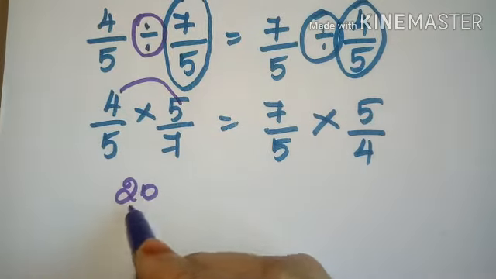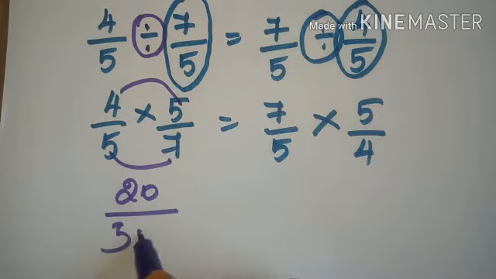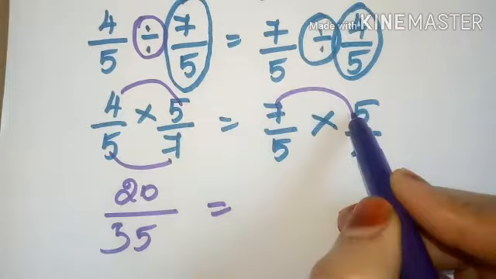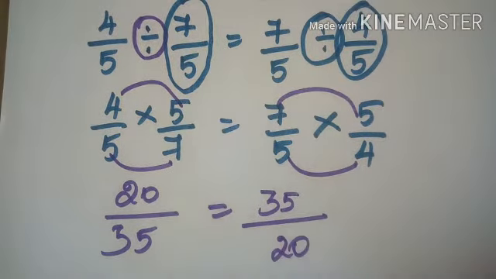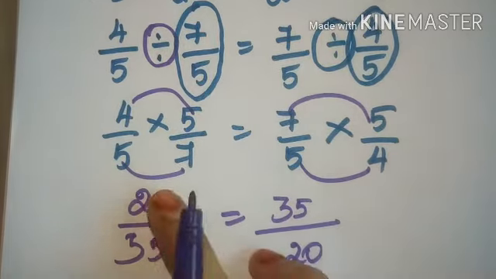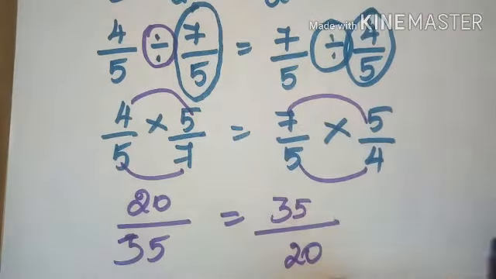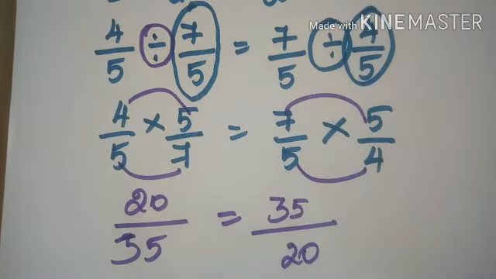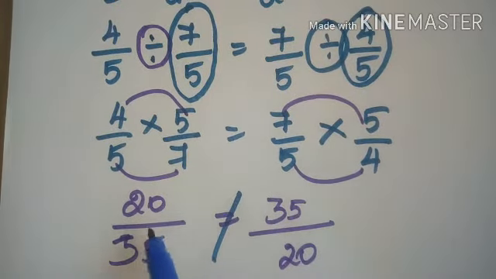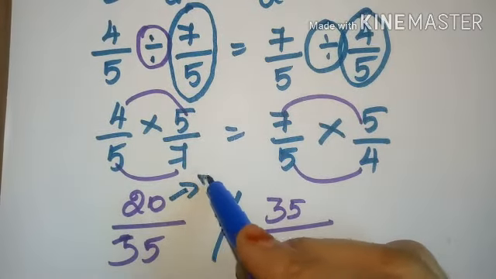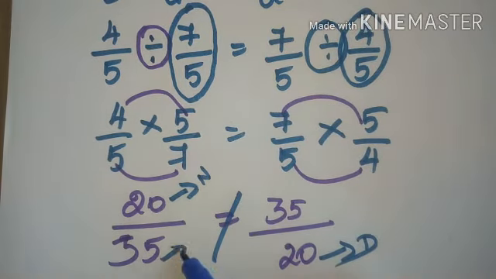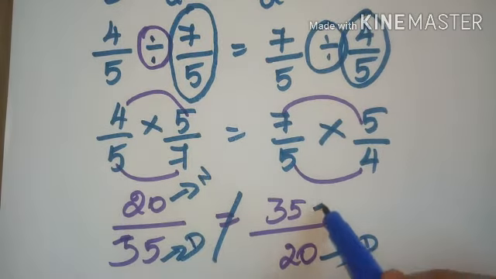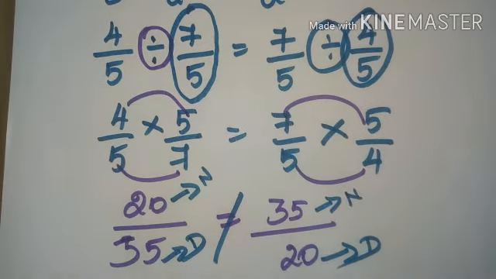4 5s are 20, 5 7s are 35, and on the other side 7 5s are 35, 5 4s are 20. Check whether both are equal: 20 by 35 and 35 by 20. No, it is not equal, because here 20 is the numerator but there 20 is the denominator, and here 35 is the denominator but there 35 is the numerator.